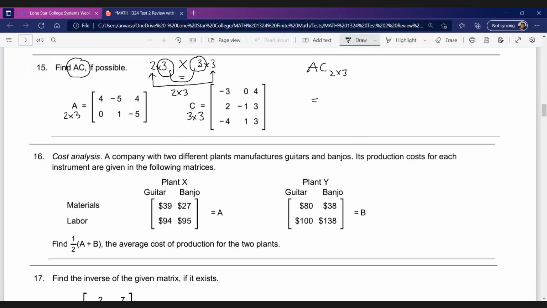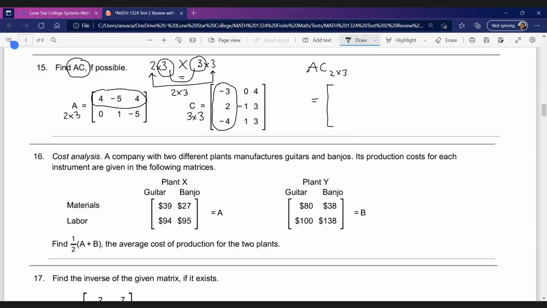So I'm just going to work out one of the rows times one of the columns so that we can see how this is done. And then I probably will rely on the calculator to do this. So we're going to multiply this row times this column, and that will give us our very first entry.